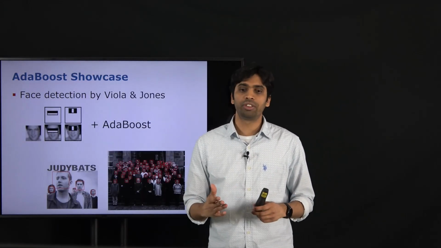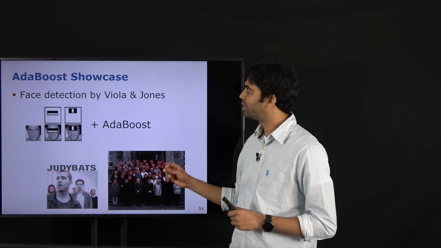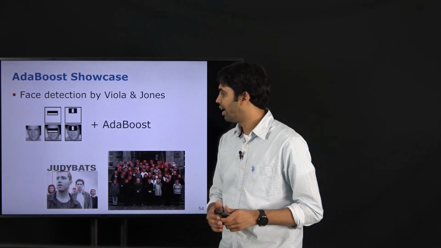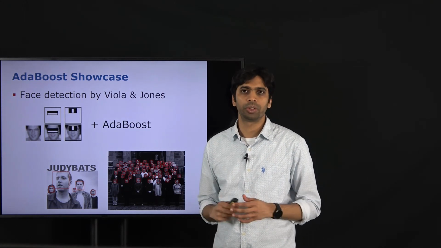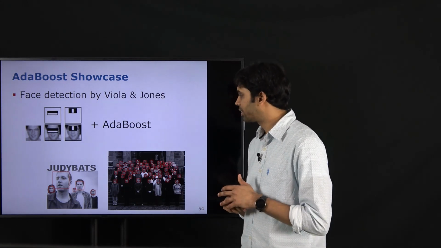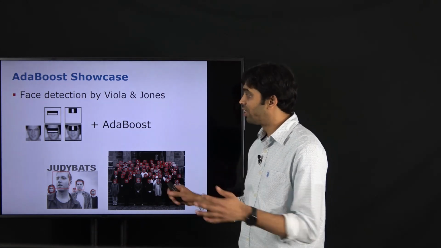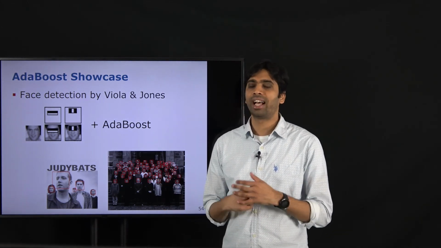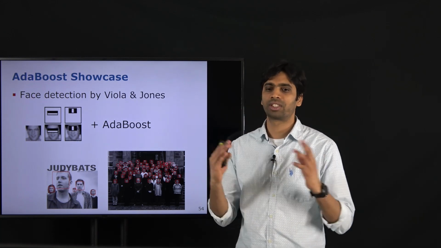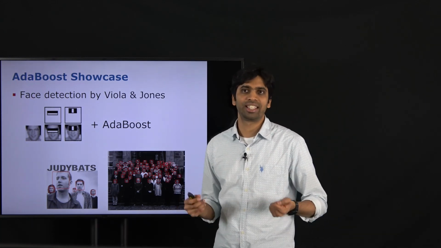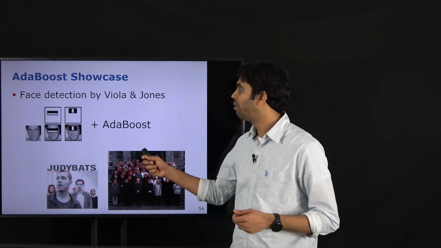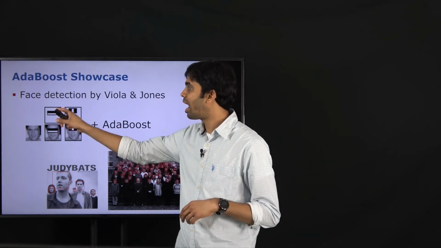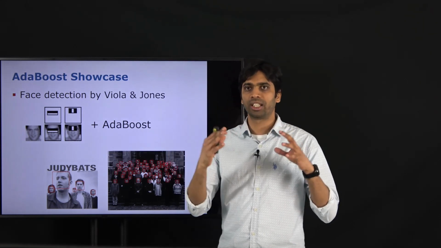And one of the most popular examples that uses AdaBoost is this face detection algorithm by Viola-Jones, which you might have come across in your studies. And although this is an algorithm from the 90s, it still performs as well as some of the most complicated neural networks that you find out there, simply by using these simple, what are called Haar features, and then combining them using AdaBoost.